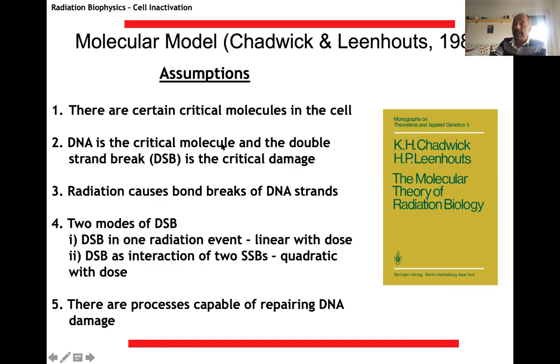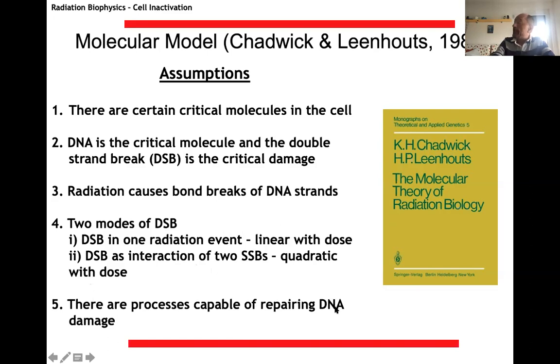The DNA is the critical module, and the double-stranded break is the critical damage, period. Radiation causes double-stranded breaks, and this we know. And now there are two modes of inducing double-stranded breaks. One is in one radiation event, intra-track if you want, which is linear with dose. And the other one is an interaction of two single-stranded breaks, which is quadratic with dose.